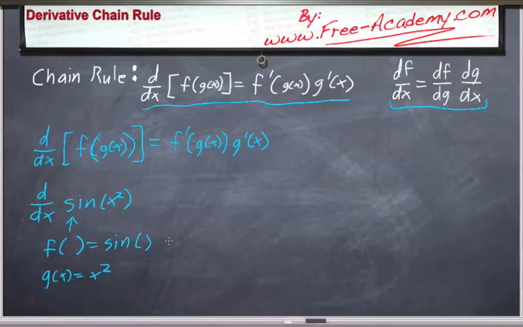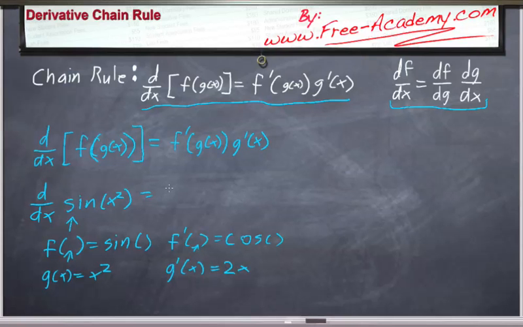So then we're going to need f prime, which is equal, derivative of sine is equal to cosine. And we'll need g prime, the derivative of x squared is equal to 2x. So notice I've left the parentheses here and I didn't put the x in. This is really to accent that x just acts like a placeholder in our situation.